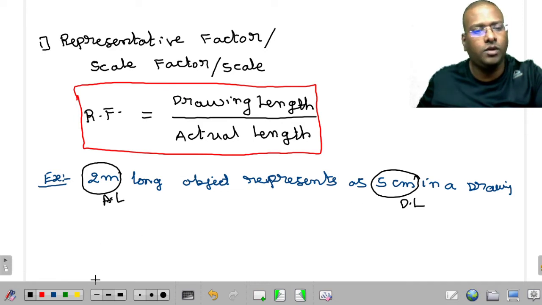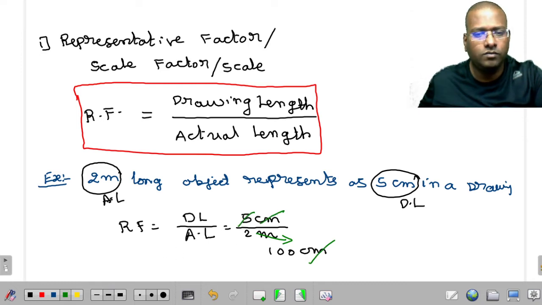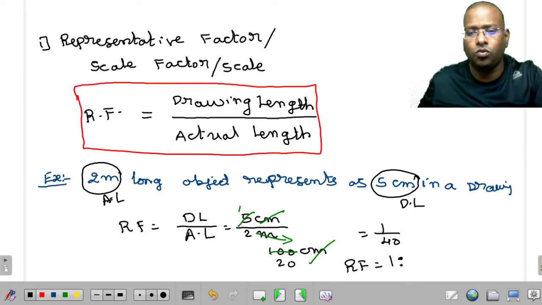If you have these two pieces of information, we can know the representative factor. RF is equal to drawing length by actual length. Drawing length is 5 centimeters, actual length is 2 meters, but we know that 1 meter is equal to 100 centimeters. So centimeter will get cancelled, and 5 ones are 5, 5 twenties are 100, therefore we can write it as 1 divided by 40. So we represent RF is equal to 1:40.